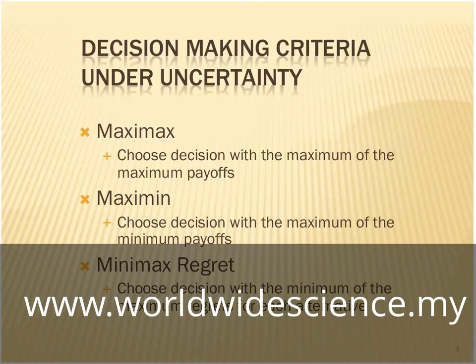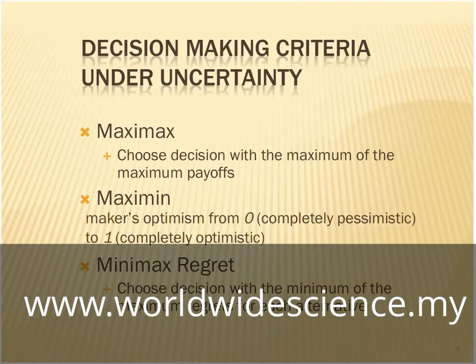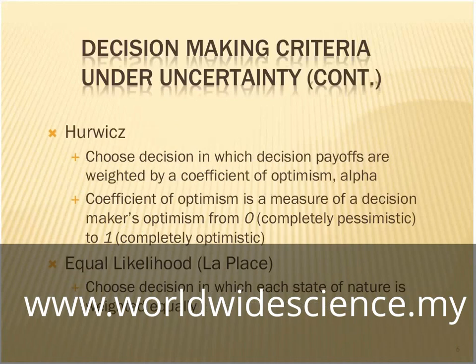Maximax: choose the decision with the maximum of the maximum payoff. Maximin: choose the decision with the maximum of the minimum payoff. Minimax regret: choose the decision with the minimum of the maximum regret for each alternative. Don't worry about that. I will explain it in a good example.